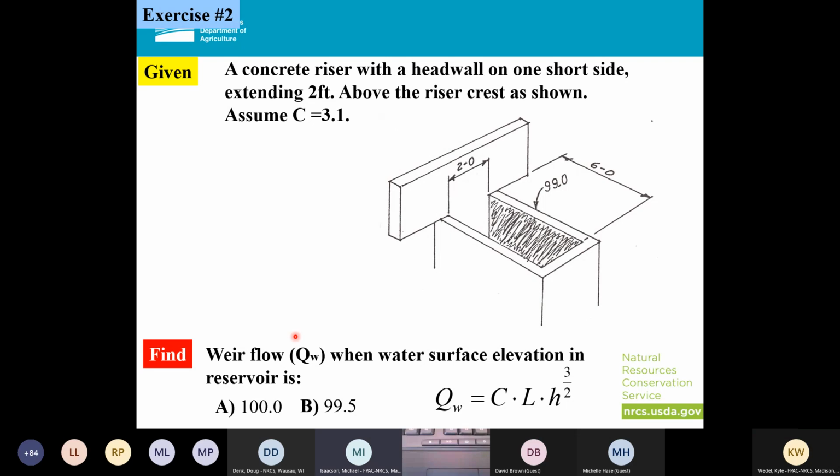Matt also explained with the power function, you could put 1.5 instead of the parentheses 3/2. So either way will work.